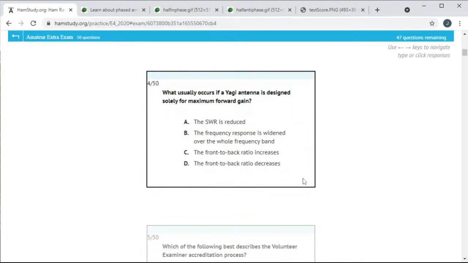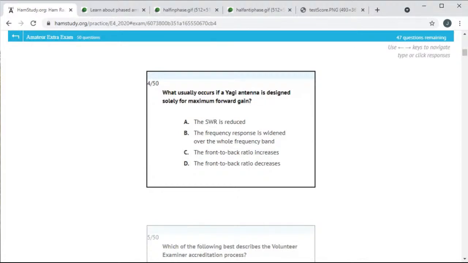What usually occurs if a Yagi antenna is designed solely for maximum forward gain? A, the SWR is reduced. B, frequency response is widened over the whole frequency band. C, front to back ratio increases.